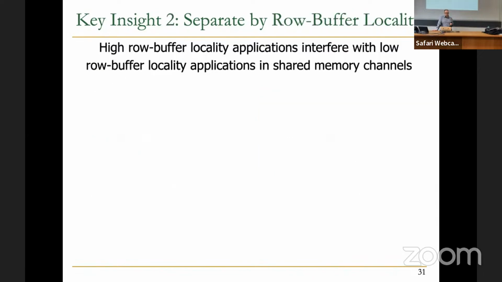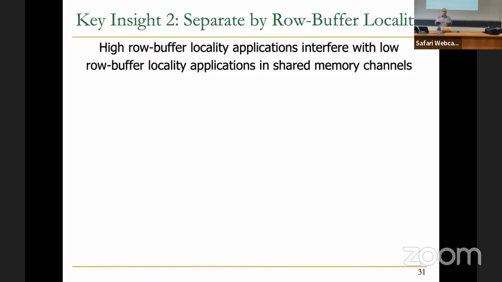Another insight that we like to focus on here is to separate by row buffer locality. Some applications have high row buffer locality, so you can address requests from the row buffer, and you don't need to close the row buffer by doing a precharge and activate another row. But some other applications have poor row buffer locality.